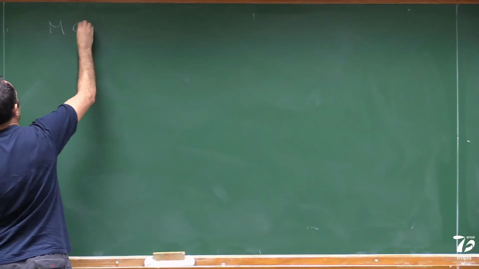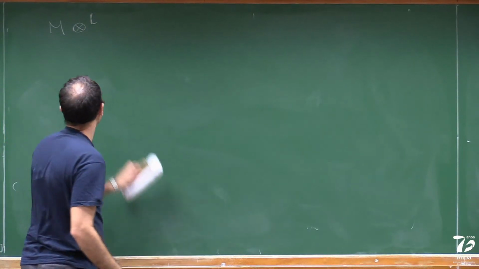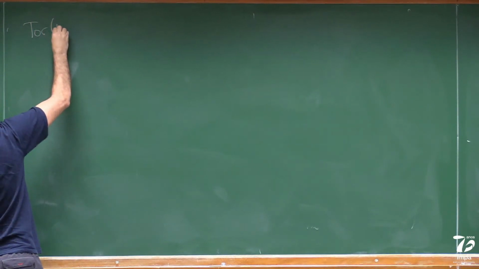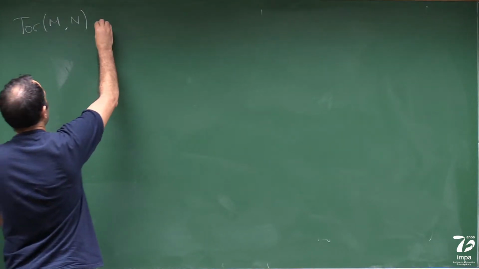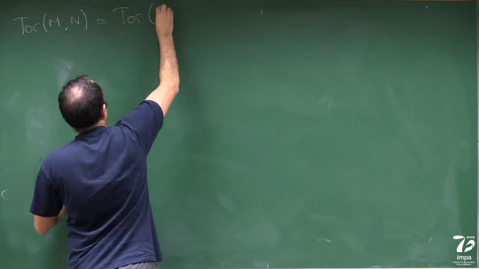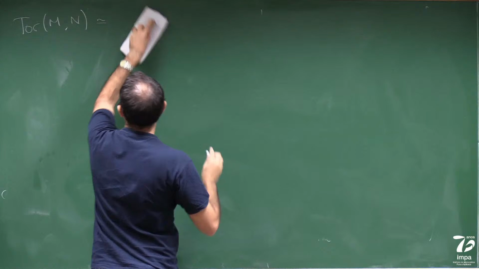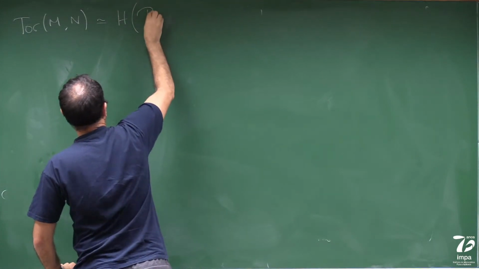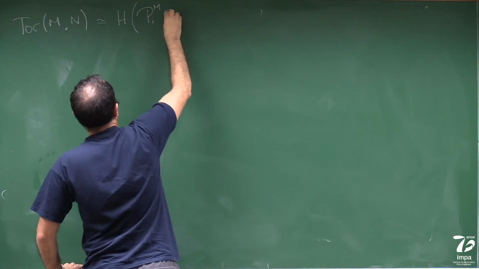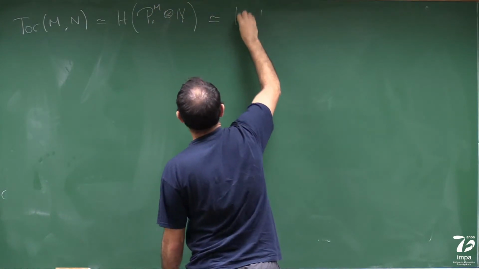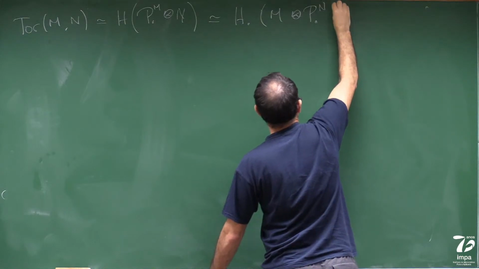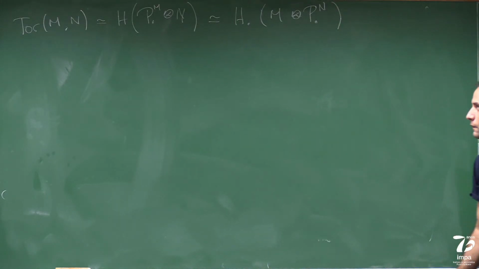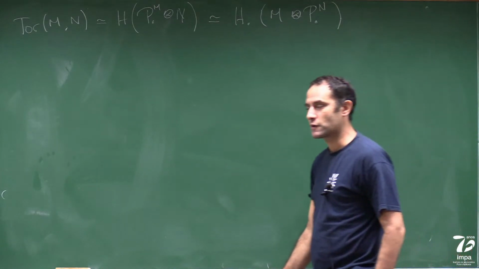So if I wanted to compute Tor M, N for M a right R module or N a left R module, then I could do the homology of a projective resolution of M tensor with N, or I could take the homology of M tensor a projective resolution of N. So I could derive either way of the tensor product.